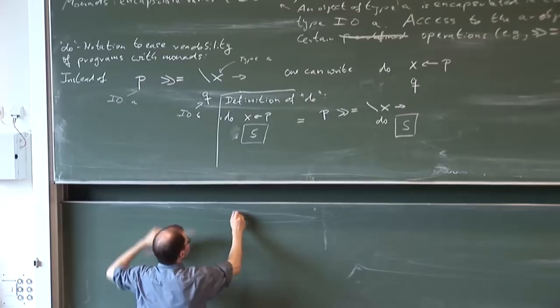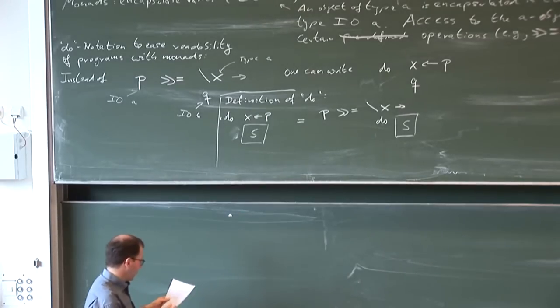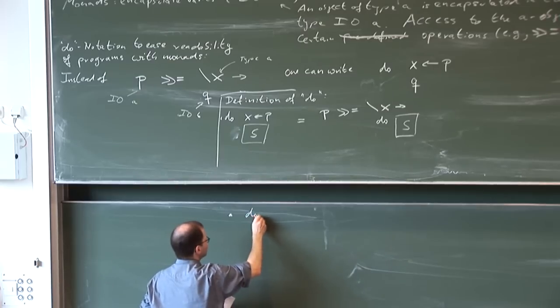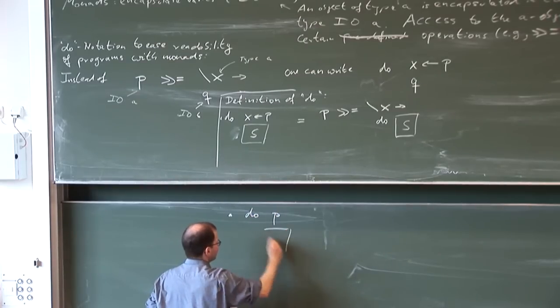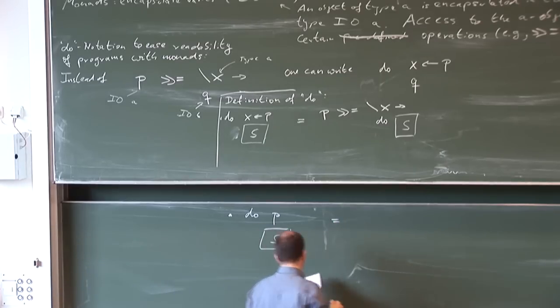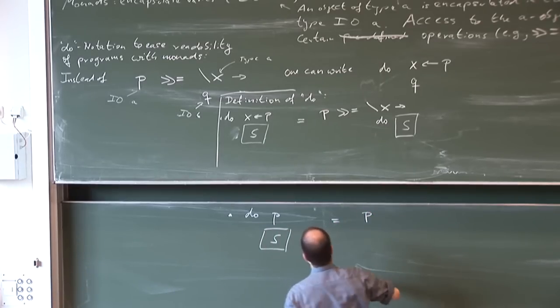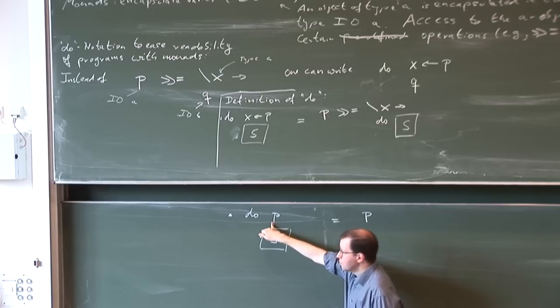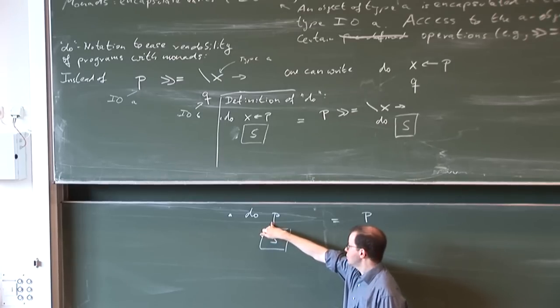The second case of the definition is what happens if you write just do. Here you have an action, and there you have another block of actions or variable arrow action. This is a shorthand for the following. Now you first perform this action, but you ignore the result that was computed here.